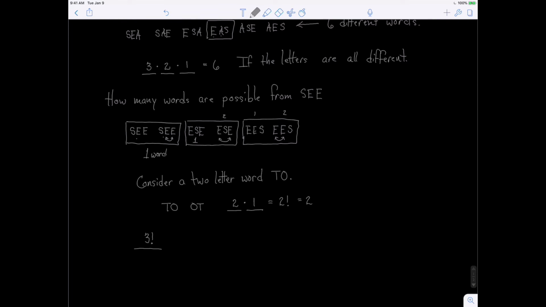However, we have repeats. And in this case, we repeat E's, so we need to divide by all the groups that those E's can write that are the same. And this is 3 times 2 times 1 over 2 times 1. And notice that the 2 times 1's will cancel, and the result is 3, like we would expect.